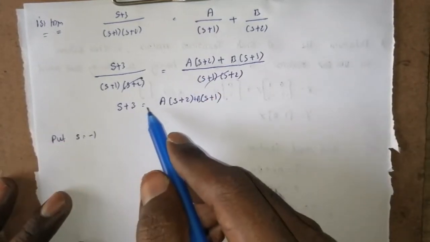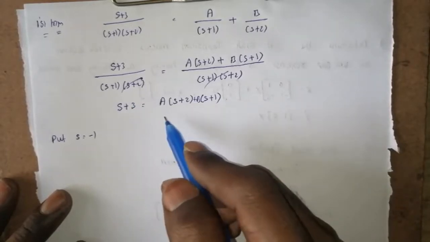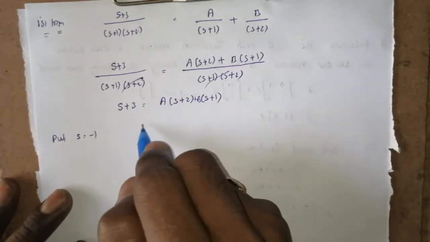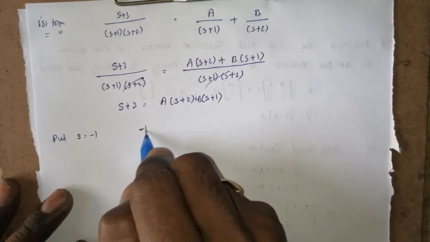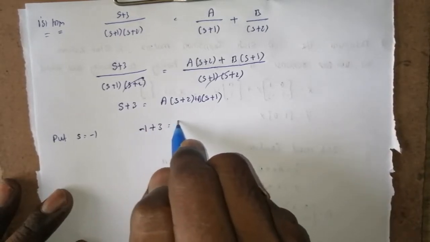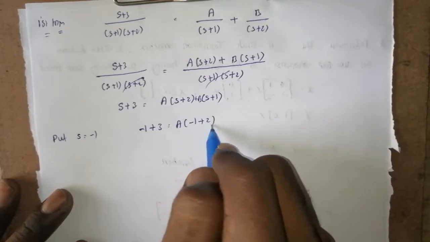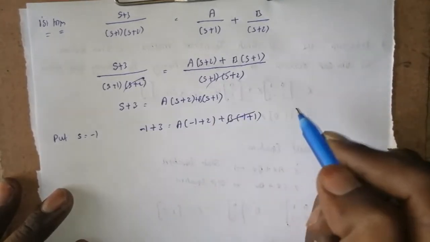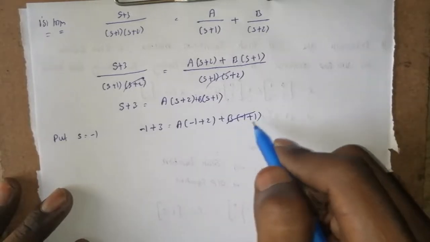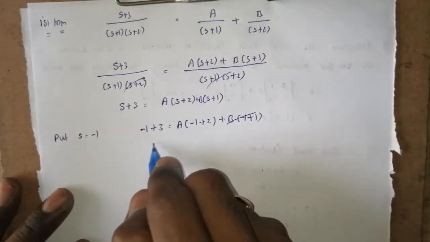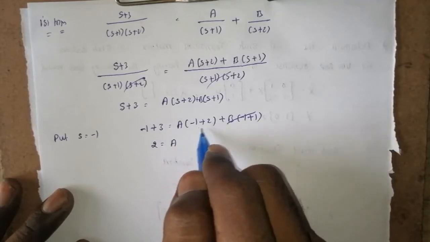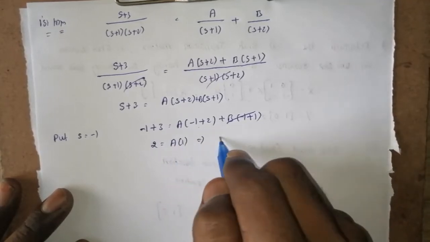If you substitute s equals minus 1 in the above equation, we get minus 1 plus 3 equals A(minus 1 plus 2) plus B(minus 1 plus 1). Here B term becomes 0 because minus 1 plus 1 is 0, right? So 2 equals A times 1, so A is 2.